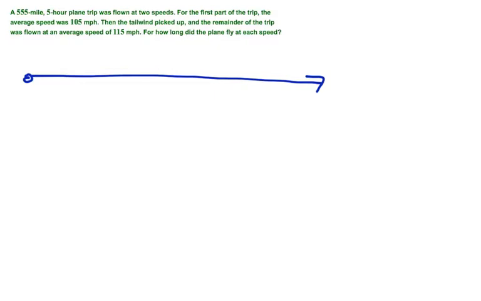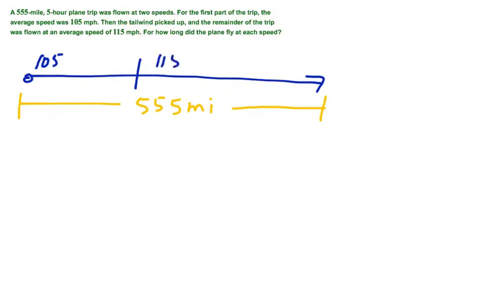Okay? And we know that this distance of this plane trip is 555 miles. So I'm going to go ahead and put that into my drawing. And then it was flown at 2 different speeds. So part of the trip was flown at 105 miles per hour, and part of the trip was flown at 115 miles per hour.